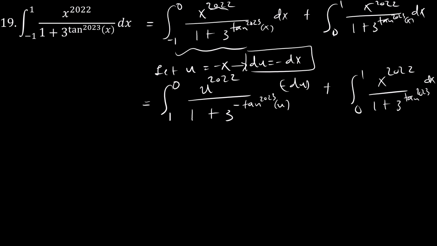And this becomes, we can now flip the limits with this negative here. So we have u to the 2022 over 1 over 3.